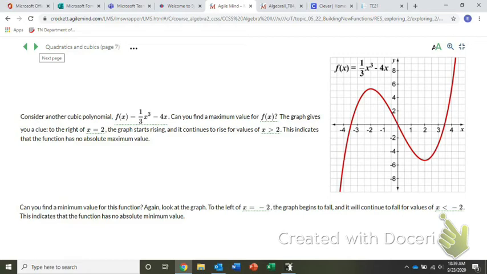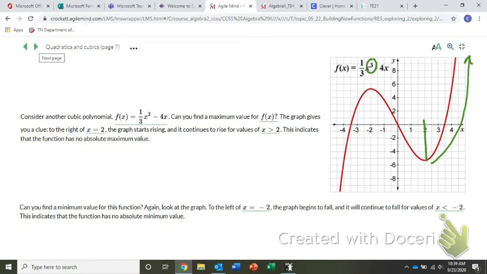Okay? Now, here's another cubic polynomial. It's cubic because it has a degree of 3. All right, it says, can you find the maximum value of f of x? The graph gives you a clue. To the right of x equals 2, the graph starts rising, and it continues to rise.